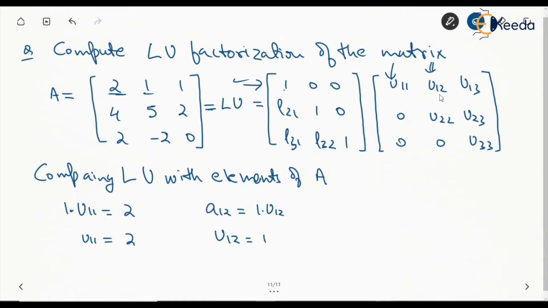Third one, so third column of U and first row of L. So we get this 1. So this is going to be A13 is equal to 1 into U13. So we can write U13 is going to be 1. So we have found 3 elements and all 3 elements are from U.